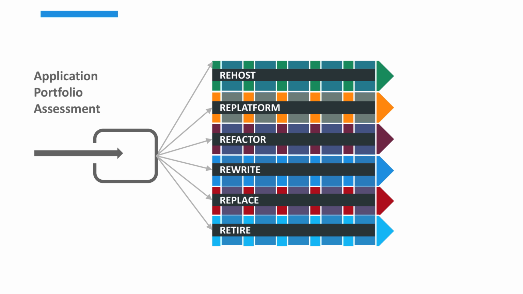Refactoring, which means major modifications, but typically not a complete rewrite. Then rewriting the application, basically bringing it down to its functional primitive and rewriting it from scratch. And there's also replacement, the ability to find a software as a service analog, for example, to replace a human resource system versus building it yourself, or outright retirements of the applications, where basically we're just shutting them down because they have no functional use.